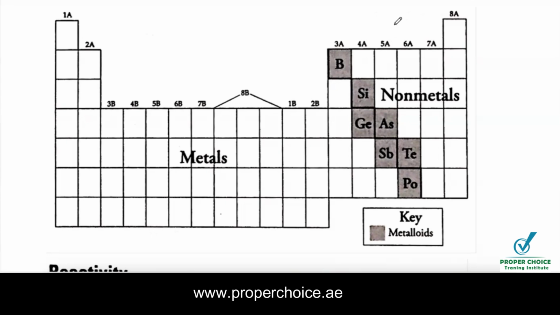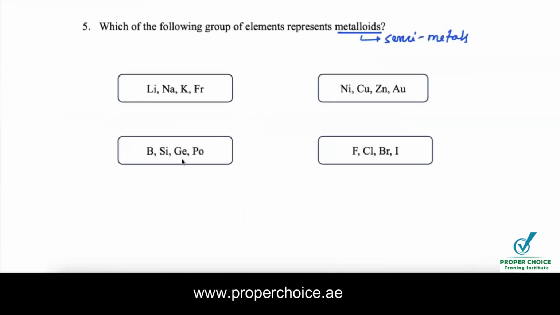So I have to select an option which has these elements. All may be present or may not, but I have to select the elements. Which are those we are talking about? Boron, silicon, germanium, polonium. Yes, these are all called metalloids. So as I already know this answer, there is no need of checking other options. Okay, that's it. As I know clearly, this is the option.